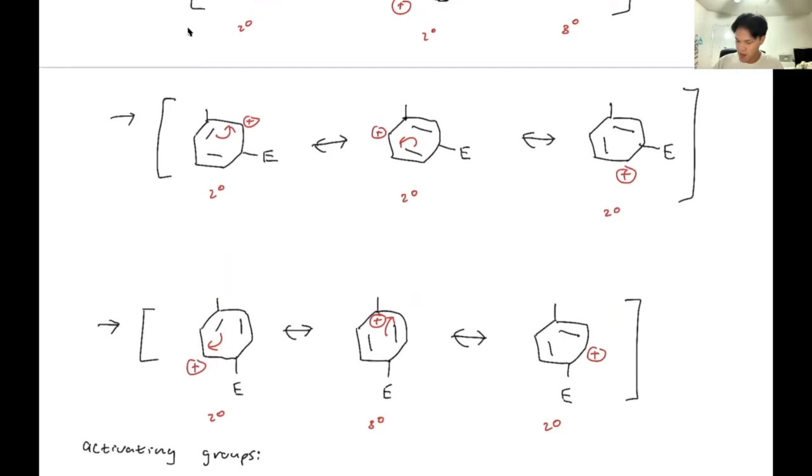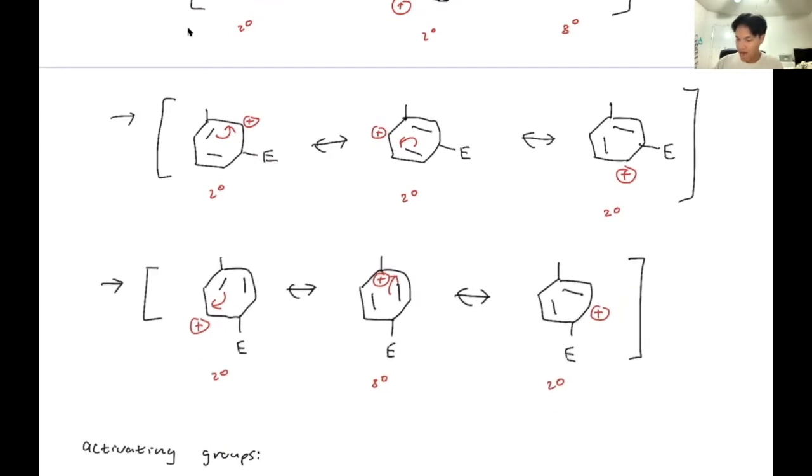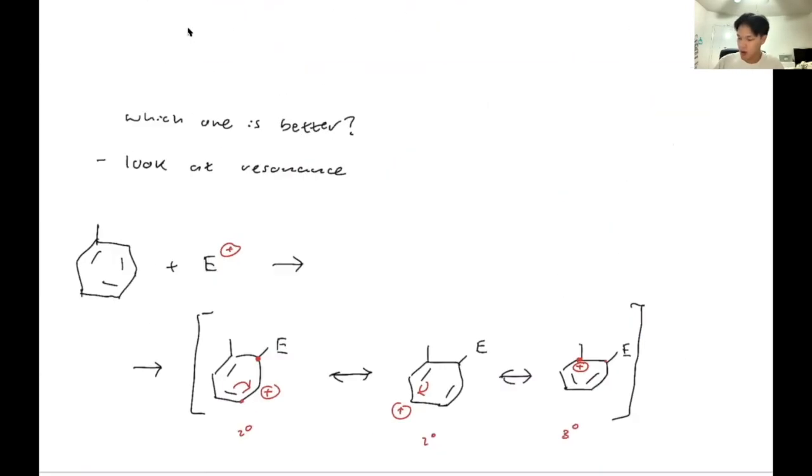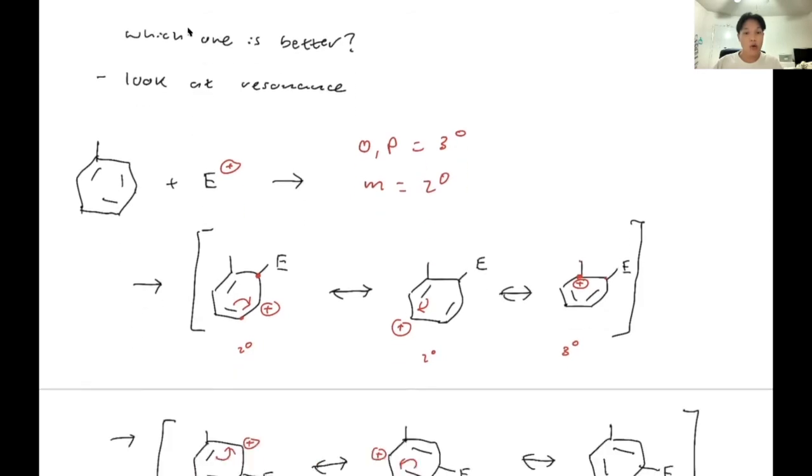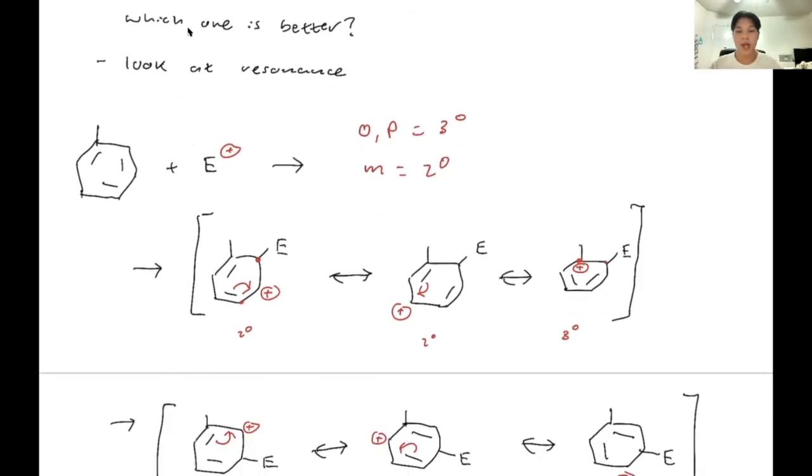So let's recap. If it's added ortho or para, we have a tertiary carbocation, which is good. But if it's added meta, it only has secondary carbocations. So there is going to be a major and minor product, right?